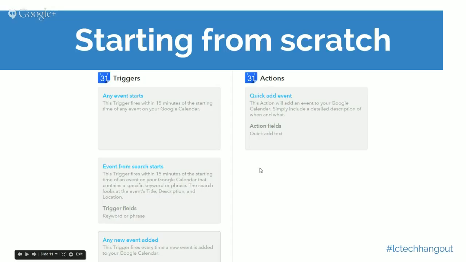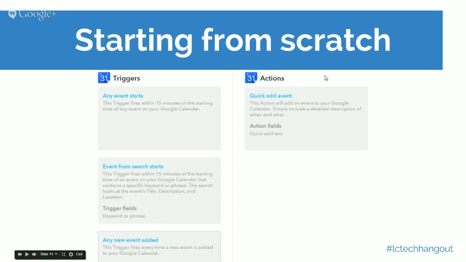YouTube is one that has no action. You cannot automate uploading to YouTube, but there's a lot of triggers. One of the triggers for YouTube is if you add it to watch later, then it saves it to Pocket, which is an example that we saw. Google Drive is one that has no trigger.